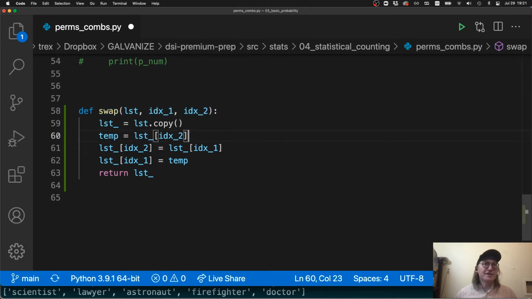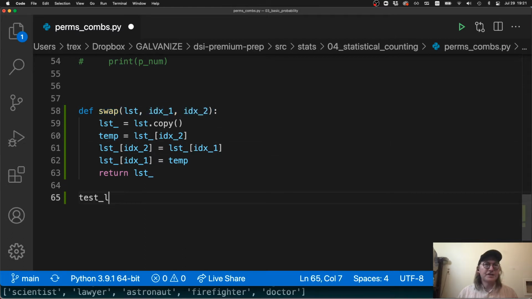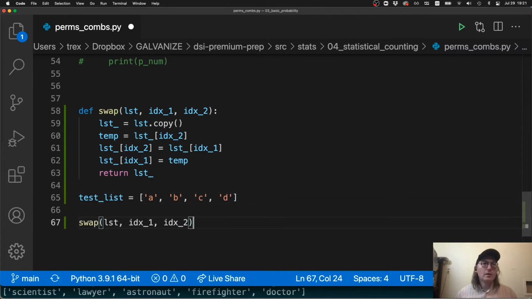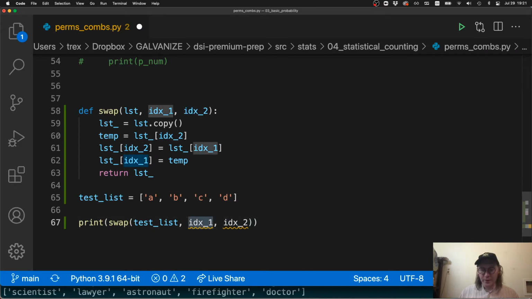So let's test this. Let's make a test list, and we'll just do A, B, C, and D. And let's pass in this test list, and we'll pass in, let's swap index 0 with index 2.